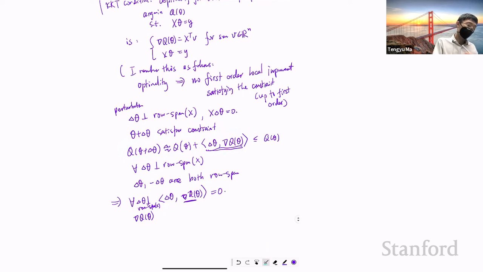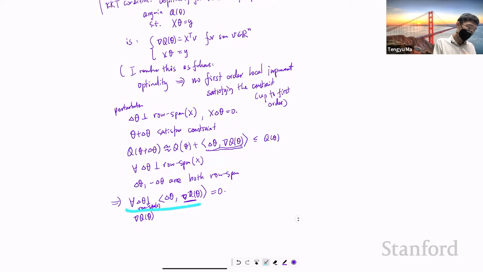So a necessary condition is that this term is always non-positive, but it's very easy to make the sign flip because you can flip delta theta to whatever sign you want. That basically means that for every delta theta in the orthogonal space of the row span of X, this term has to be literally 0, because if it's not 0, you can flip delta theta to make it positive.